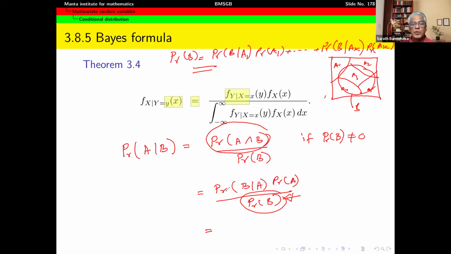What you are looking at here is like A in this situation, but it's not a random variable. This is an event, and this is a random variable. The equivalent term here is B, right? So what you are looking at here is the density of Y given X. Remember again, this is not that.